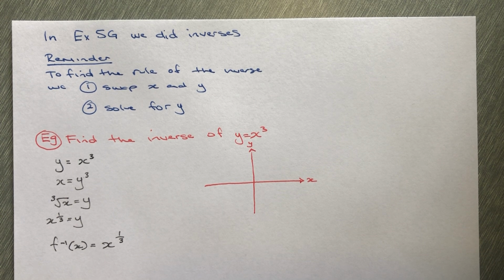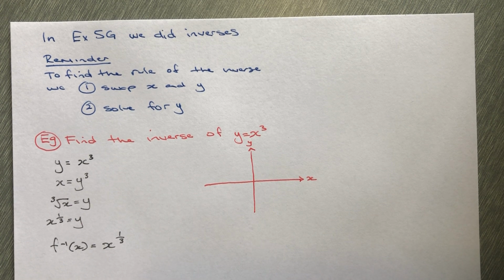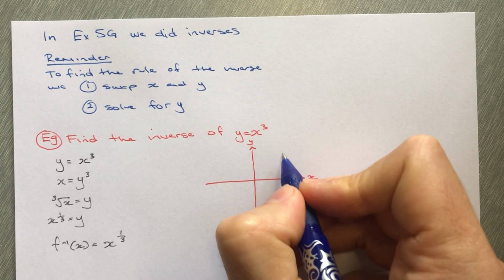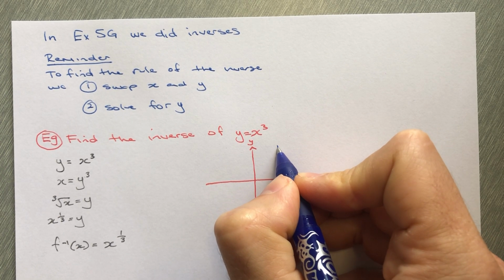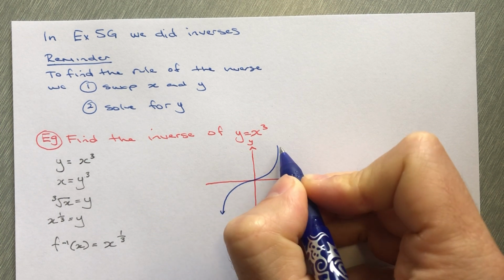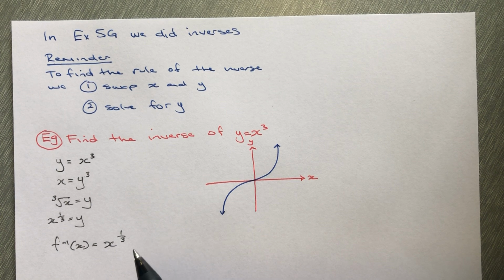Okay, now let's think about what this graph, if we're going to graph it, might look like. So we initially had x to the power of 3, and we saw before that that graph might look something like this. But we just found the inverse of that.